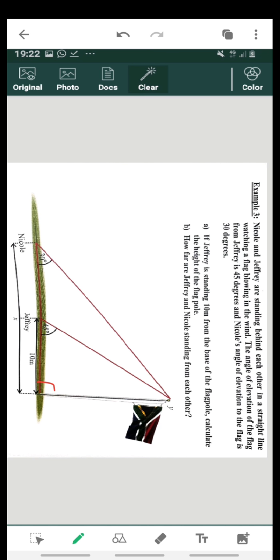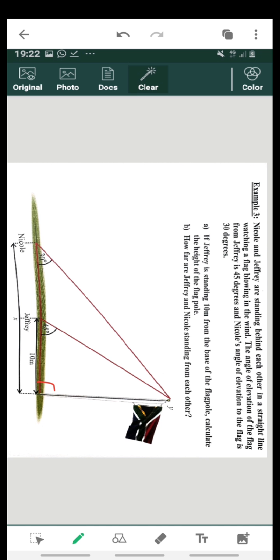Nicole and Jeffrey, I think you see on the sketch, their names are written there, are standing behind each other in a straight line, watching a flag blowing in the wind. The angle of elevation of the flag from Jeffrey, you see it there, is 45 degrees, and Nicole's angle of elevation to the flag is 30 degrees.